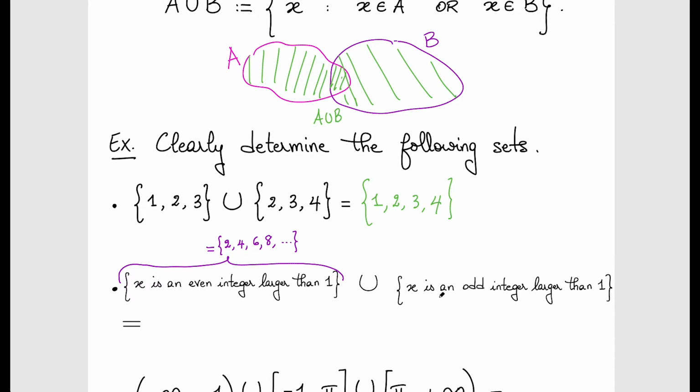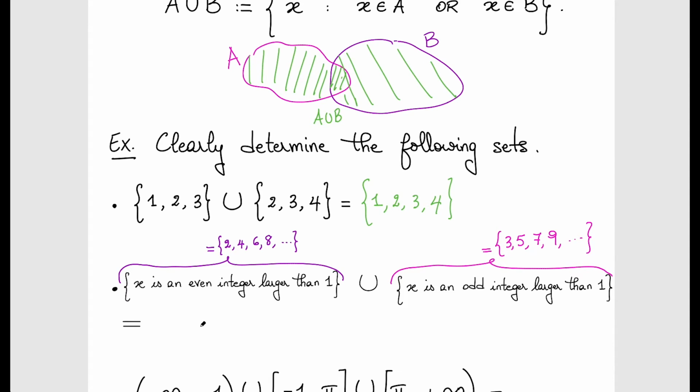How about this guy? It's the set consisting of all odd integers larger than 1. So what is this guy then? What are the odd integers larger than 1? So they are 3, 5, 7, 9, etc., right? And now you're gonna take the union between those guys and those guys.